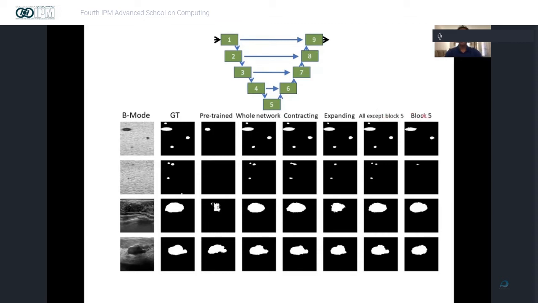When we only train the bottleneck, we get horrible results. But when we train everything but the bottleneck, we see nice results. So this shows that this high-level representation of the data in the bottleneck is quite insensitive to changing the imaging domain from MRI to X-ray to ultrasound, which is a nice finding.